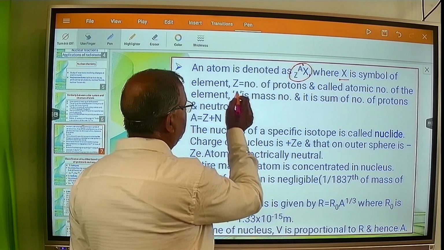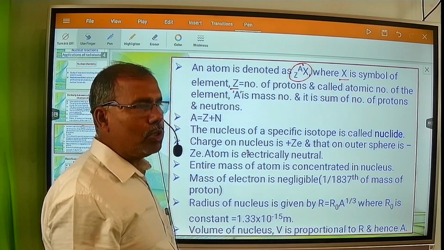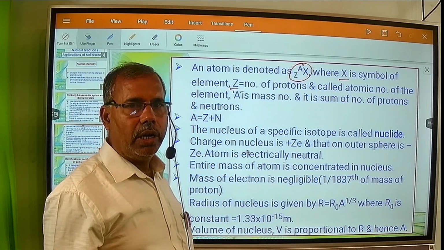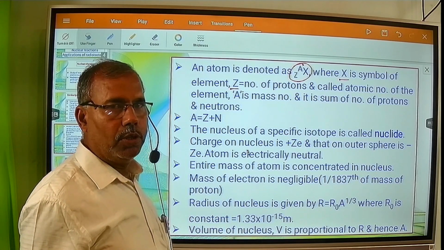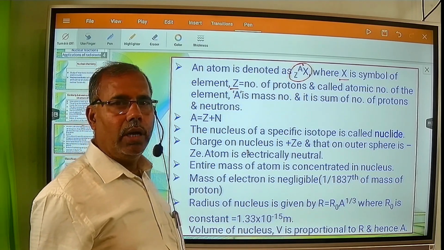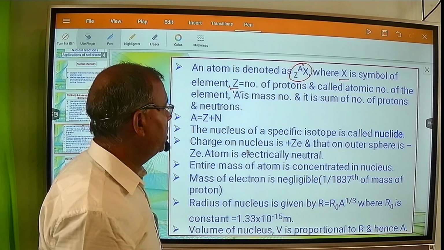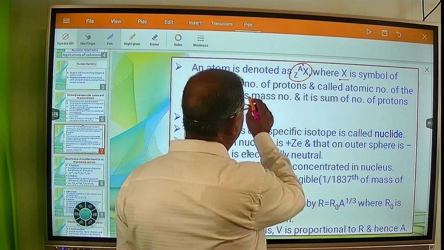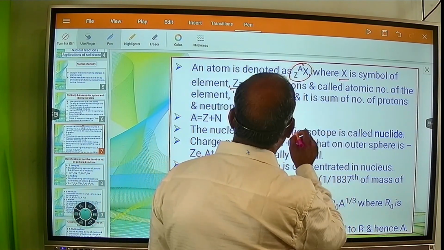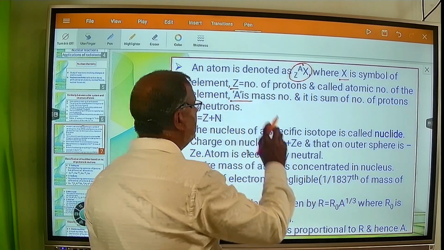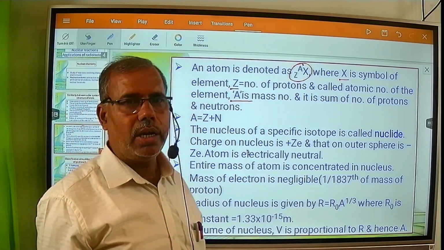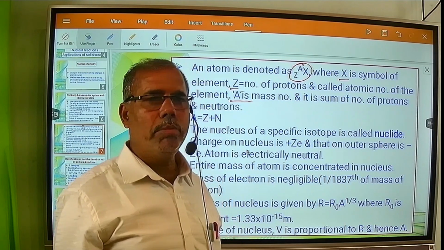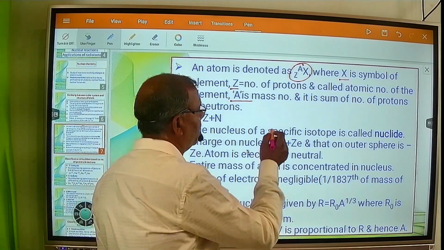Then Z is the number of protons present in that atom, and it is called the atomic number. Z denotes the number of protons present in the atom of that element. Then A is the mass number of that atom, it is also called the atomic mass. So mass number or atomic mass, A.